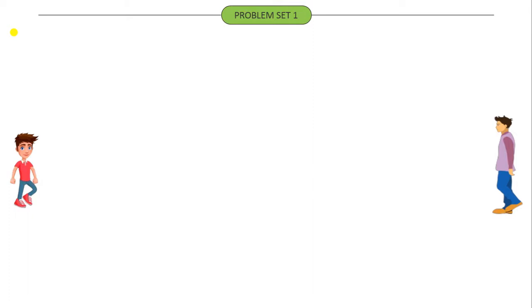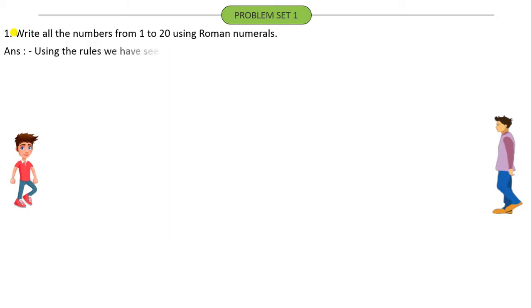Yes, teacher. Okay, question number 1 is: write all the numbers from 1 to 20 using Roman numerals. Teacher, can I tell the answer of this question? Of course, Rahul, you can tell me the answer. Okay, teacher.